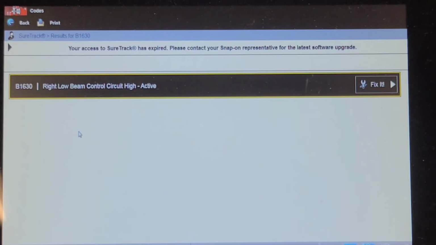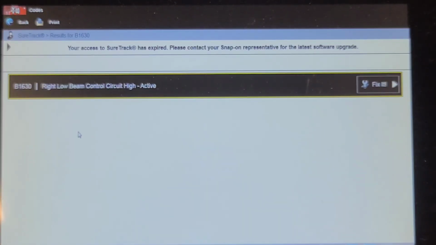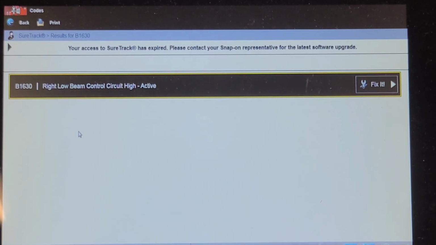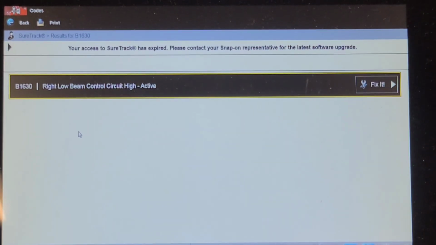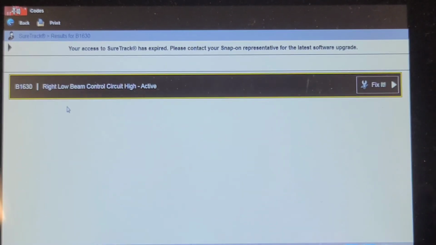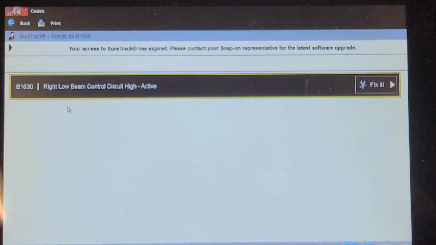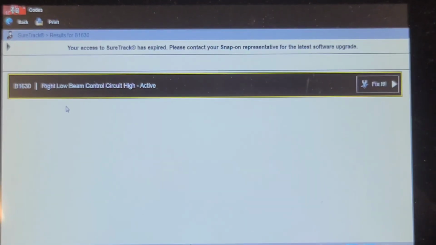And I'm going to switch it to... well, the conventional bulb doesn't set a code, so I'm sure it's got to do with the LED workaround. As long as they work and it doesn't turn any messages on the dash, we're going to let it go.